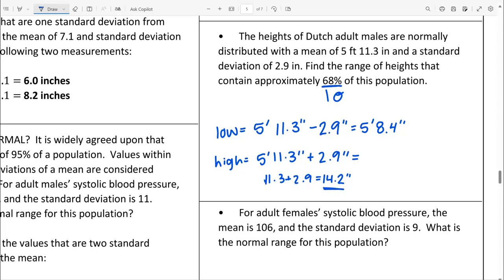So that means we're going to go from 5 feet to 6 feet, and then I'm just going to subtract 12 inches from the 14.2, and that is going to leave me with 2.2. So we have 6 feet and 2.2 inches. Okay, and that is our range for that one.